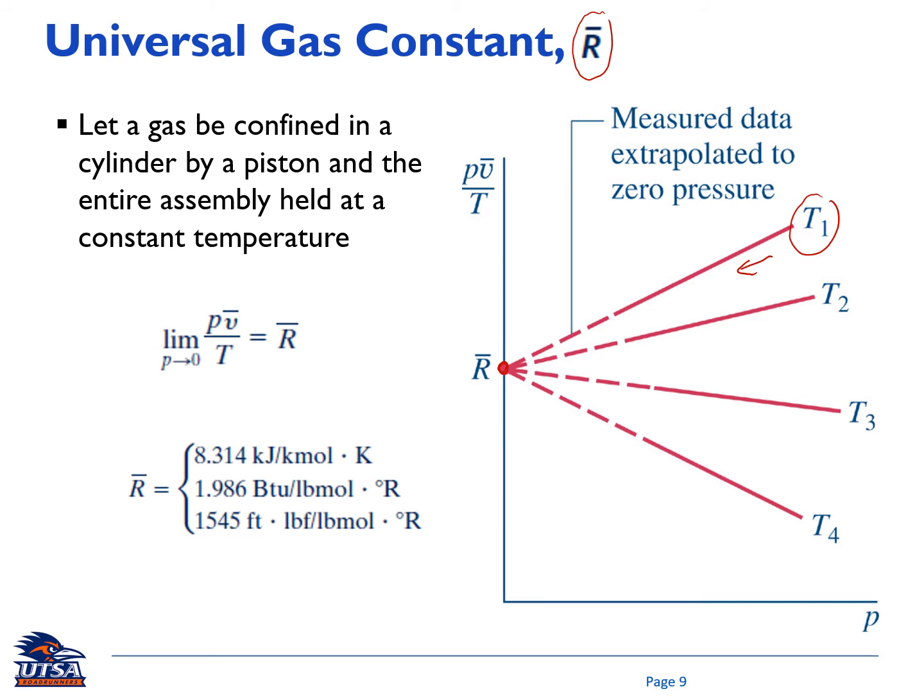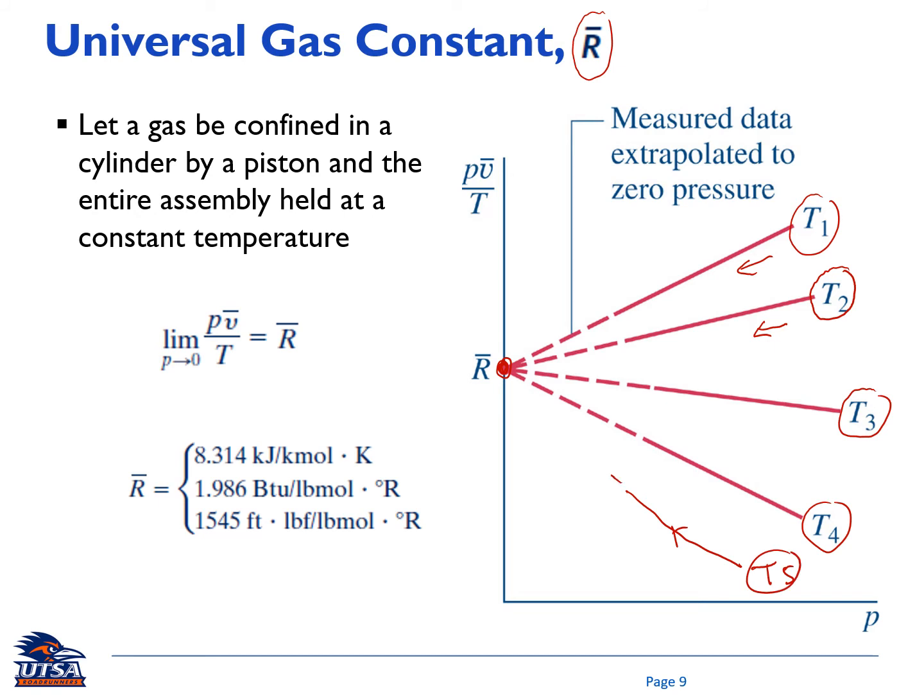And then I can also change the temperature of the system. Let's say now I have T2, and the same thing: I decrease the pressure while I hold the temperature constant, the process goes to the left, and finally it reaches this point. Then I change to T3, T4, and maybe here I also have a T5.